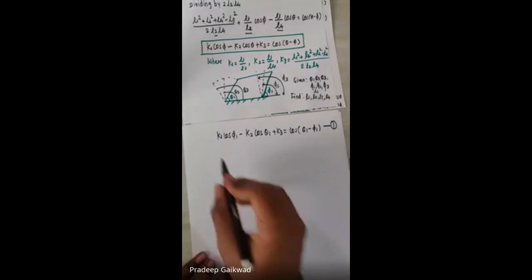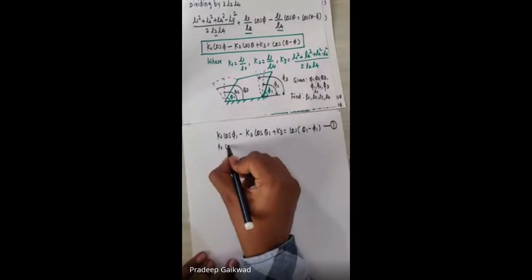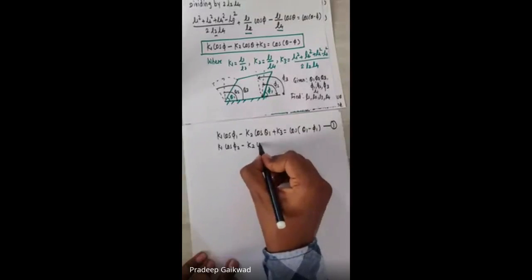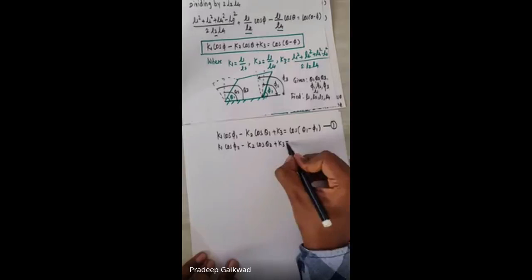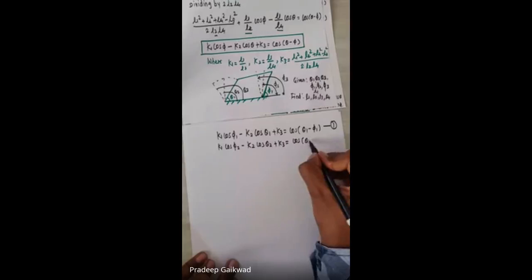Similarly, I can write for the second position: K1 cos of phi 2 minus K2 cos of theta 2 plus K3 is equal to cos of theta 2 minus phi 2, equation number 2.